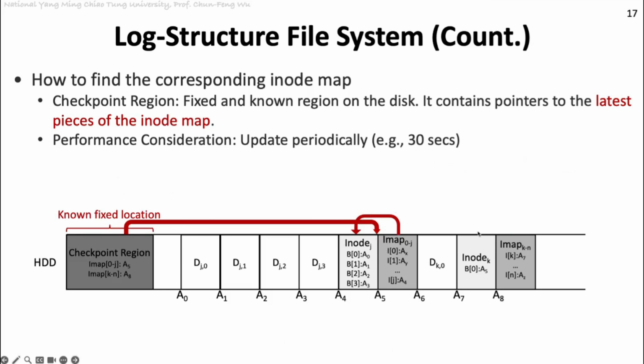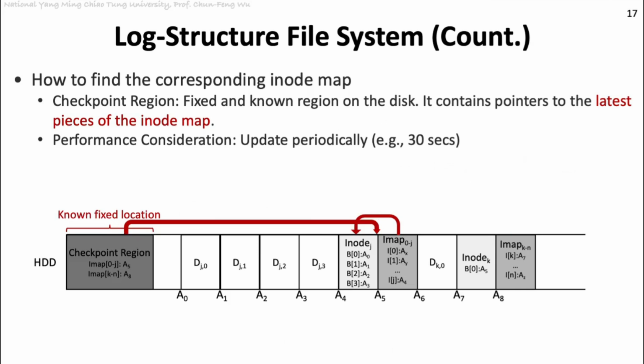So we use this kind of indirection, and we amortize the cost. For example, if the file accesses belong to the same inode map, then we get a benefit: we can just read the checkpoint region and then read the inode map. And because the inode map groups J files, if the recent accesses are related to these J files, then we get a benefit here.